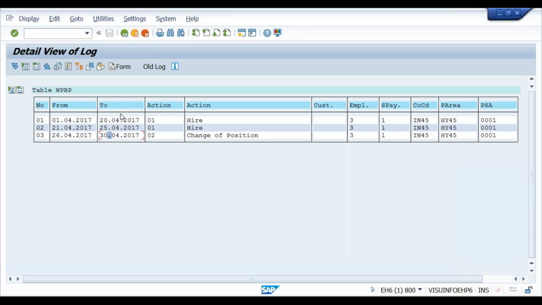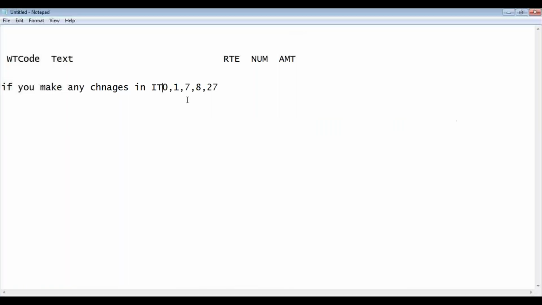So three different partial periods. This is called a partial period. It is not a full period, right? When there are no changes during the pay period in these info tabs, your partial period and full period are the same.